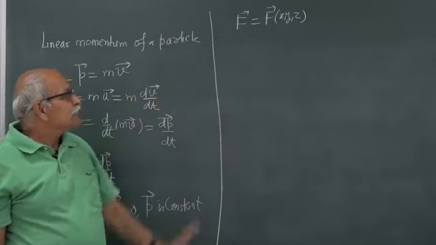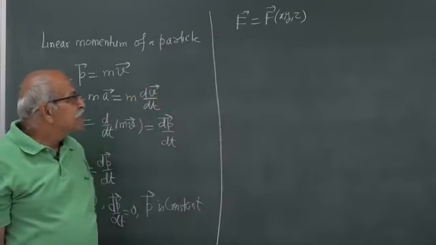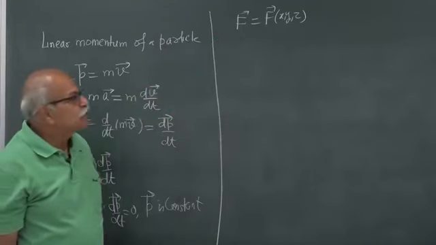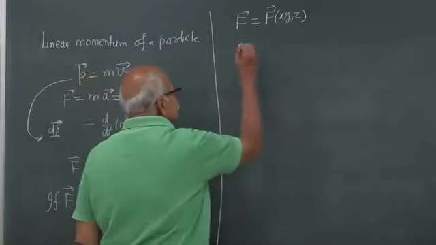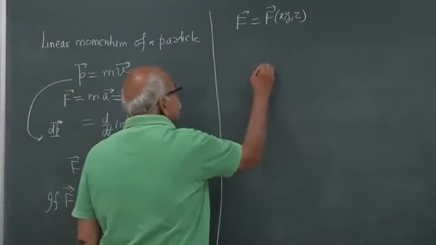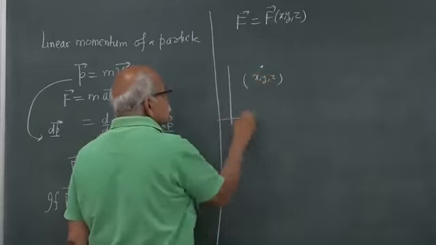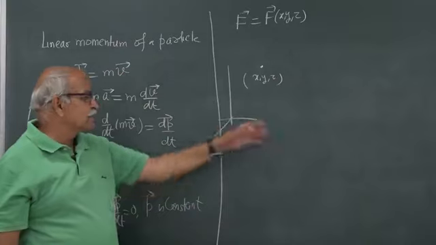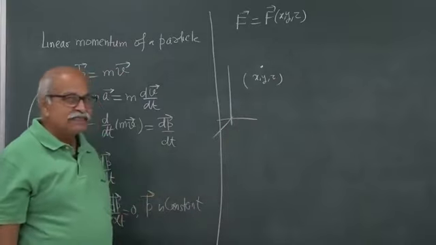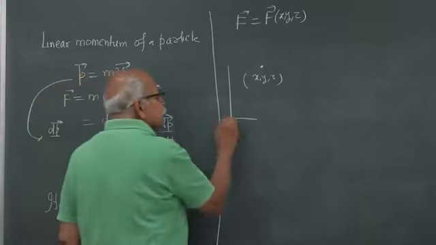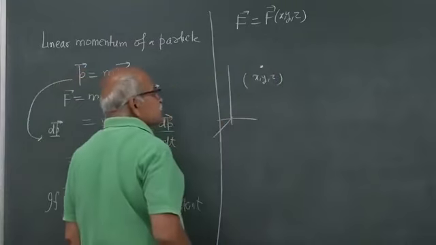So, if a force depends on space point, then you think of this quantity. I have a point x, y, z, with some frame of reference, some origin, some x axis, some y axis, some z axis, and with reference to that I have a point x, y, z.